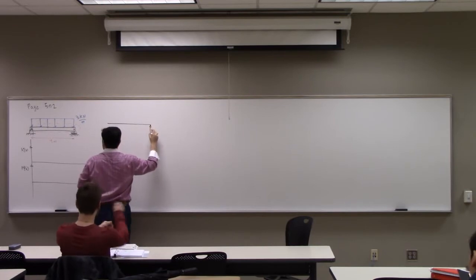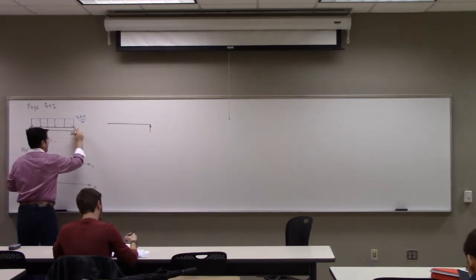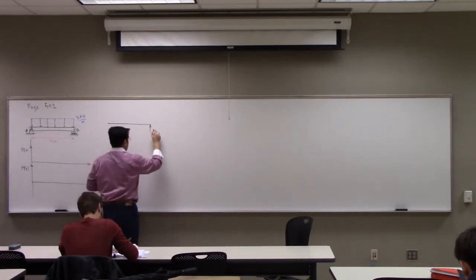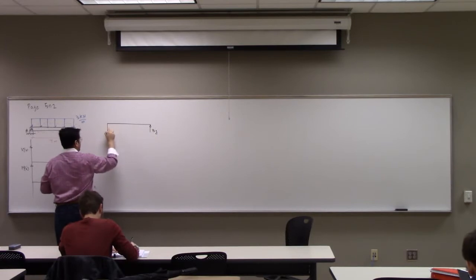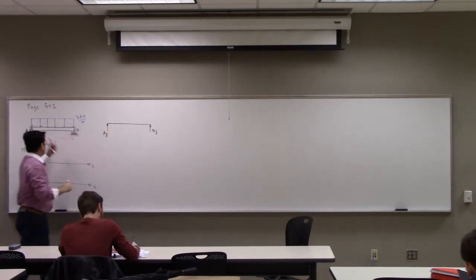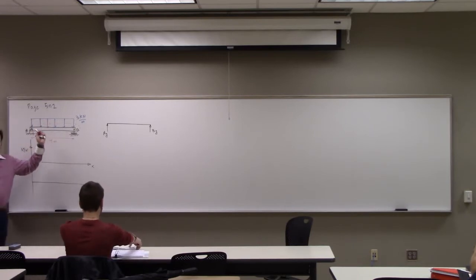You're going to get, let's say this one is A, and this one is B. Ay and By, I don't write Ax because I have nothing in the x direction. And because this distributed load is an external load to the chosen system, you see, we're not cutting it somewhere in between. It's completely external to the chosen system.